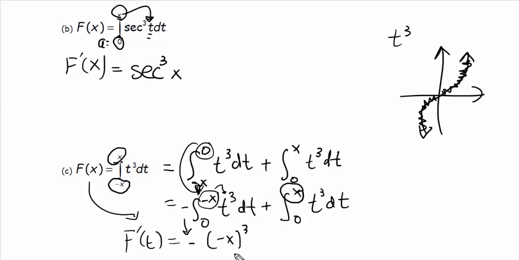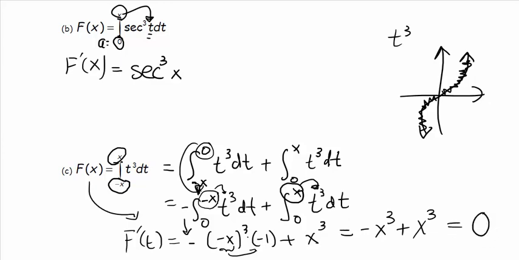The chain rule says when I'm finding the derivative, I need to find the derivative of the inside. So the derivative of what's inside here is negative 1. And then this is just 0 to x, so I can just substitute that x right in and get x cubed. So this ends up being negative times negative x cubed times negative 1, negative x cubed plus x cubed, and the derivative is actually equal to 0.